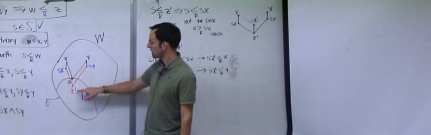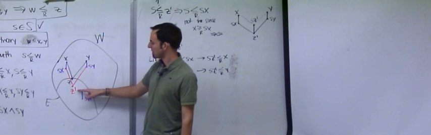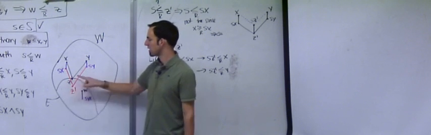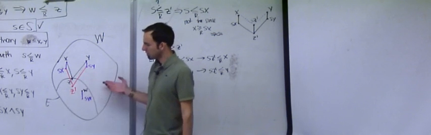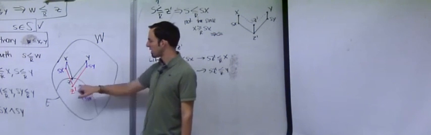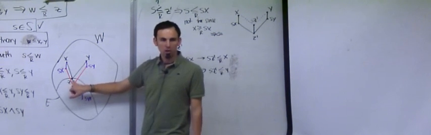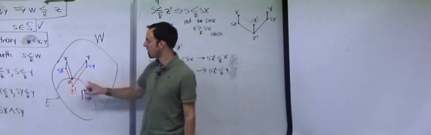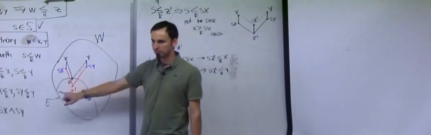I conclude that sz prime is higher than z prime and it lives inside here. But that doesn't necessarily imply that it's z. All I know about z is that it's the guy with the longest length that lives inside here.